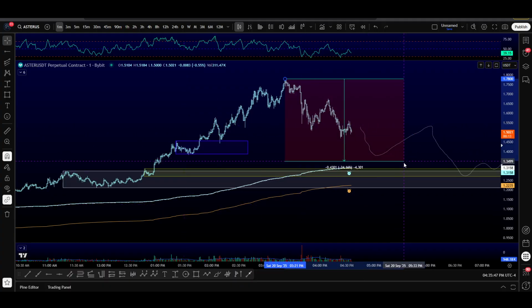I still think we could fall down another 10% into the demand zone, which comes in at $1.31 to be exact. But anywhere between $1.20 to $1.30 seems to be the area where the next best demand will be, because this is the last untested major demand area on this chart. And right now it just seems like it's a magnet.